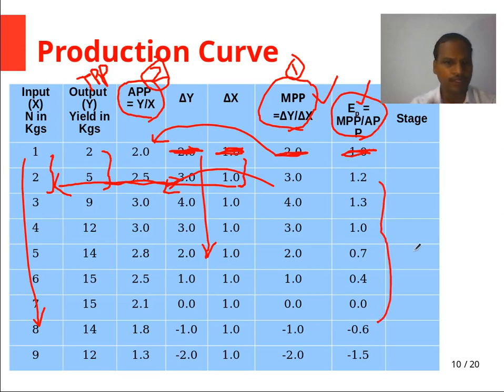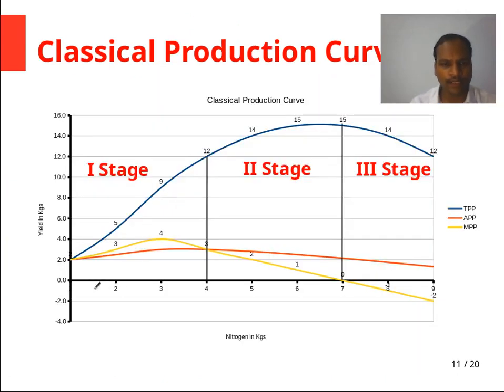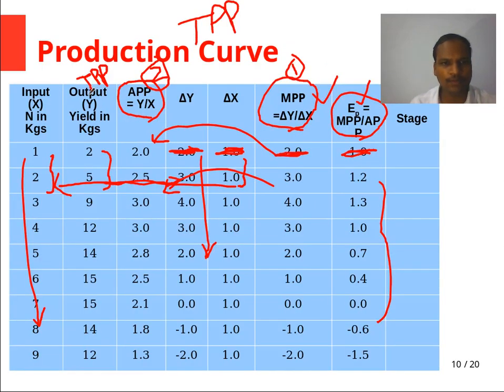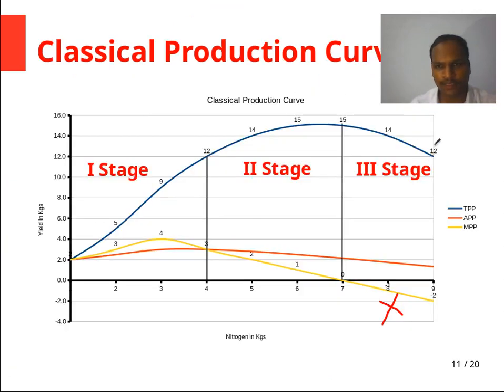So this TPP, APP and MPP, we have seen that these three can be drawn in a single graph. So by taking x-axis as such, we can draw TPP first, and then we can draw APP.